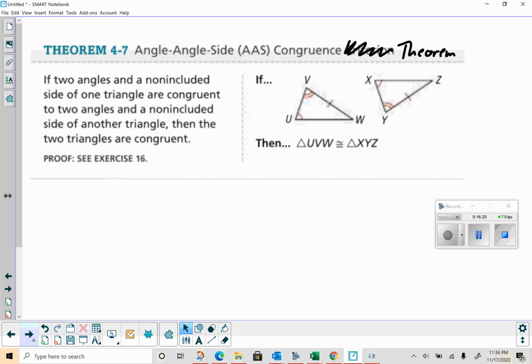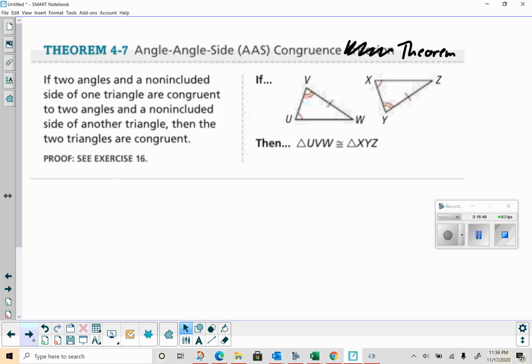Here's our fourth way to prove that two triangles are congruent. It's the angle-angle-side congruence theorem. If two angles and a non-included side in one triangle are congruent to two angles and a non-included side in the other triangle, then the two triangles are congruent.